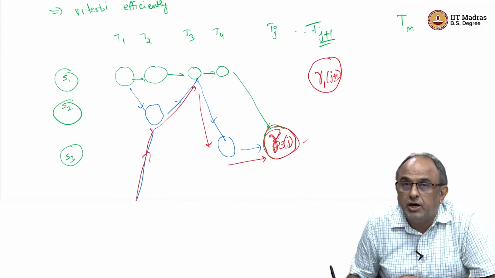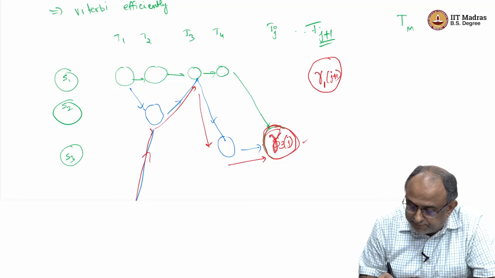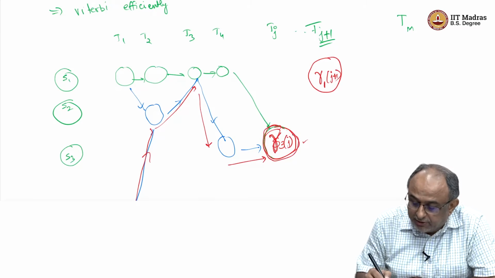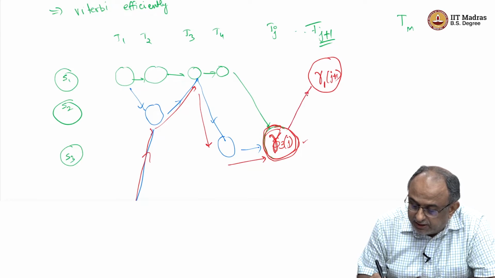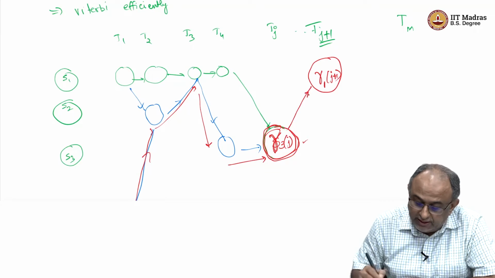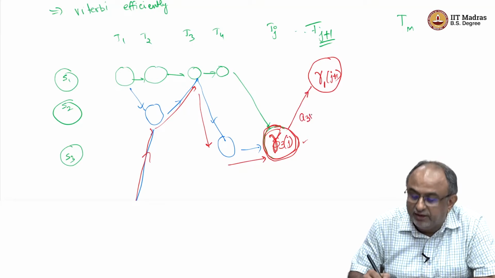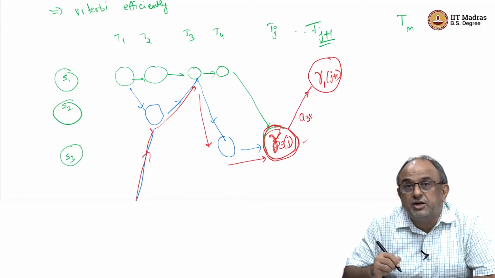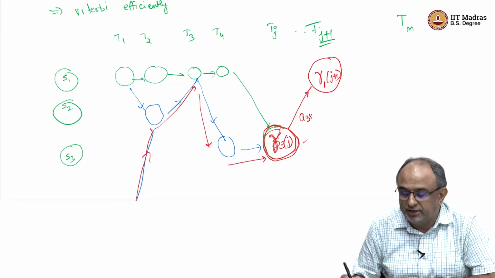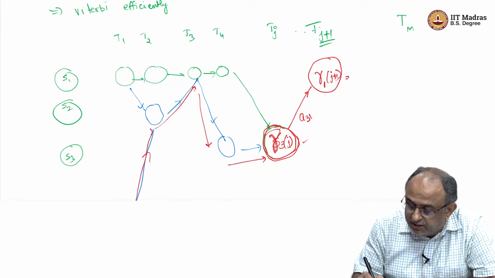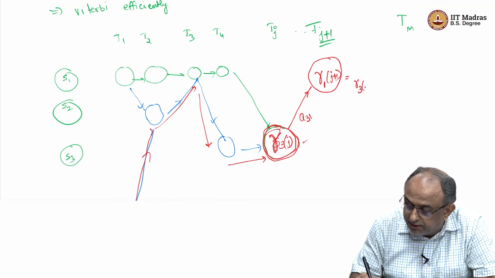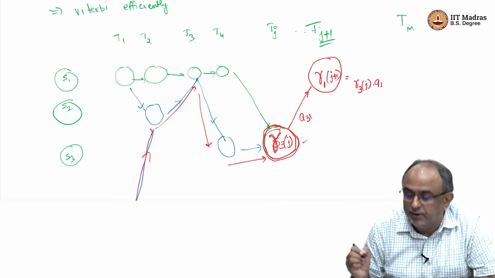Now, I know the best path to come here. From here, if I am going here, there is a probability of transition from the third state to the first state. So, this is actually equal to gamma 3j multiplied by a11.